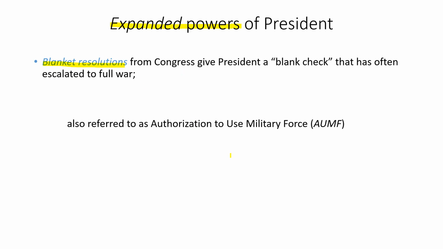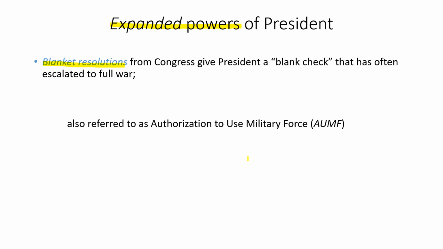First one, blanket resolutions. The only way that we can declare war on another country is if Congress declares it. That's another part of the separation of powers. Just like Congress makes a law and then passes it over to the president to execute that law, the same thing happens here. Congress has the power to declare war, and then they pass that over to the president, who is commander-in-chief, to execute that war.